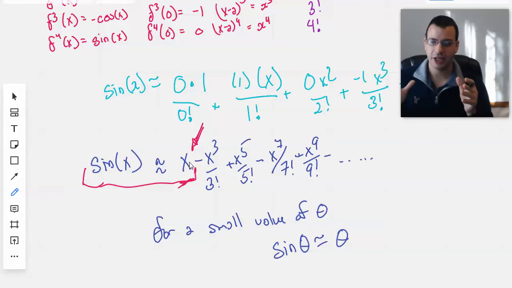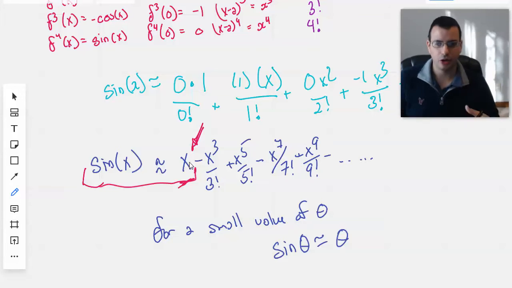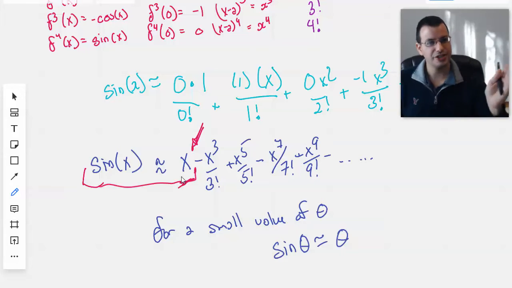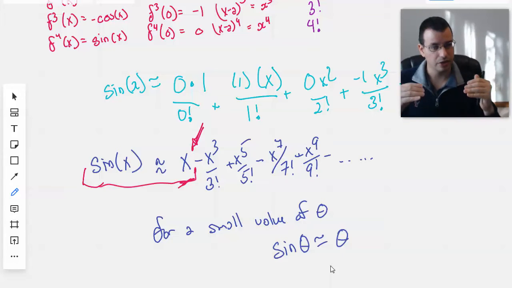So when you're saying sine of theta equals theta, for small angles that's true because when you have a very small number and you cube it, it's going to be pretty darn small. In some ways, you can say that's negligible. And so the approximation of sine of theta equals theta for a small theta comes from the Taylor series approximation.